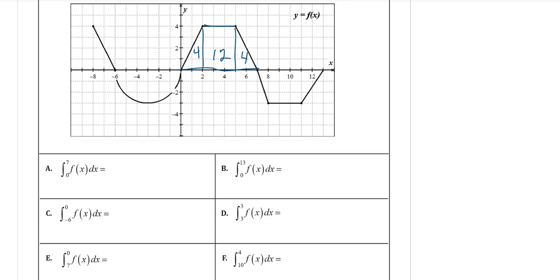So our total area is going to be 12 plus 8, which is 20. Now we have 0 to 7, we just have to figure out the area from 7 to 13, and since it's below the x-axis, we are going to subtract it.